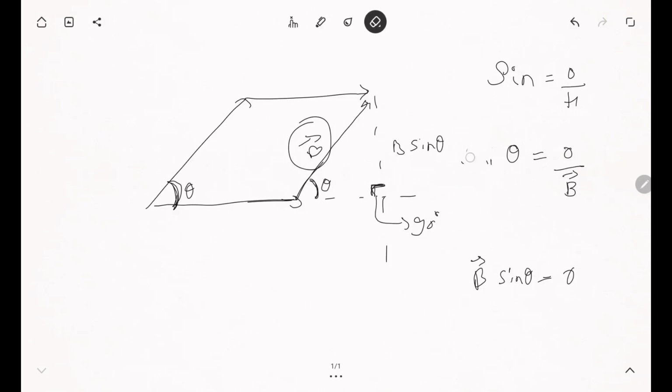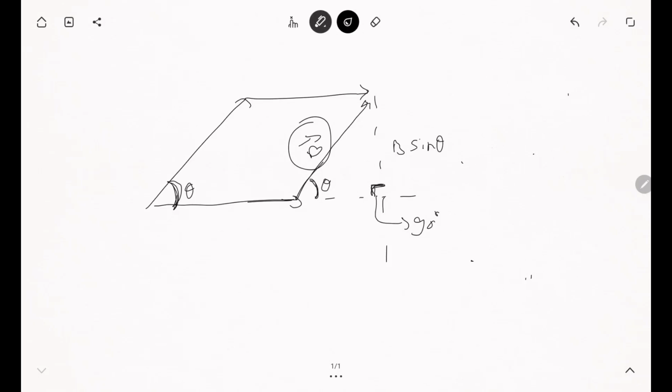Similarly, let's look into cos theta. All right, so this cos is adjacent by hypotenuse, and since this is theta, this will become adjacent. So now we'll come back to cos theta is adjacent.